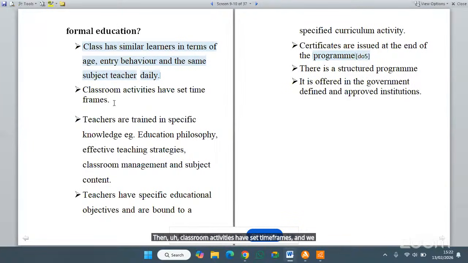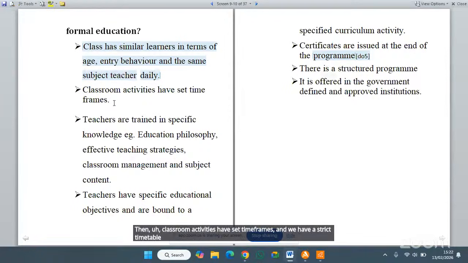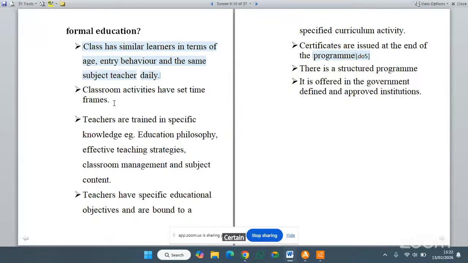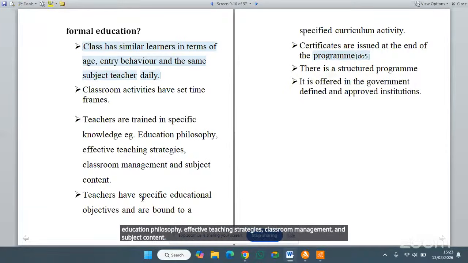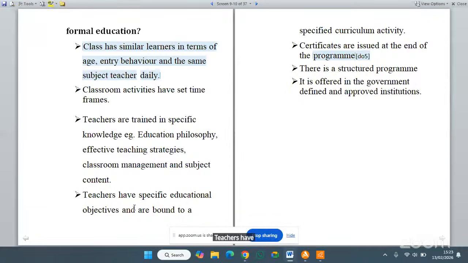We have a strict timetable where learning is organized. Certain hours, 10 minutes, people come for this class, then another lesson at a different time. Teachers are trained in specific knowledge like education philosophy, effective teaching strategies, classroom management, and subject content. Teachers have specific educational objectives and are bound to a specific curriculum activity.